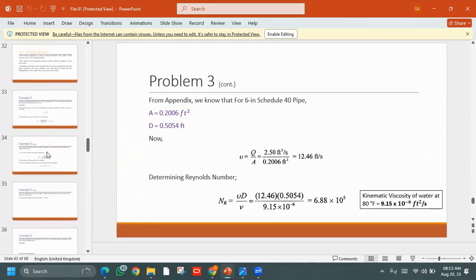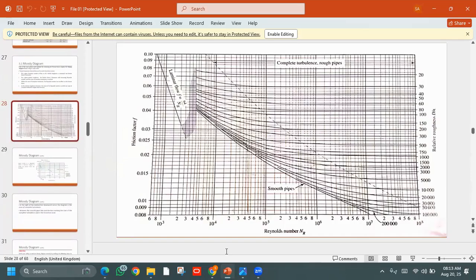So we need to look here, at the x-axis, 6.8 lies between 6 and 8, and here's the 7. So just before this line, we have the value of Reynolds number.